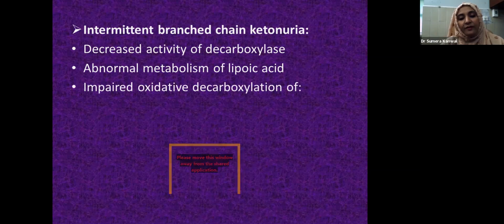Because of this, there is an impaired oxidative decarboxylation reaction. This lipoic acid is required for the activity of the dehydrogenase enzymes that catalyze oxidative decarboxylation, like in the branched chain amino acids. And when you learn glucose metabolism in your GI module, the glycolysis and the TCA cycle, you will learn about the oxidative decarboxylation of different intermediates during glycolysis and the TCA cycle.